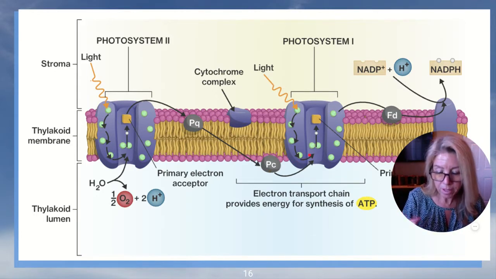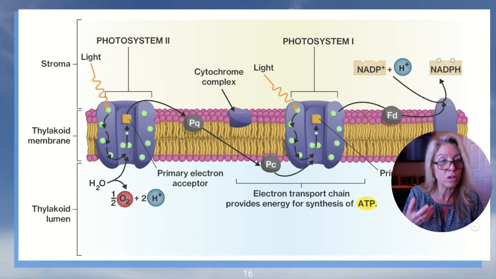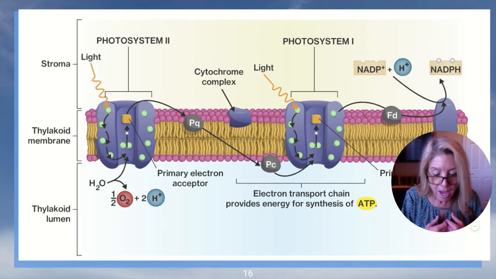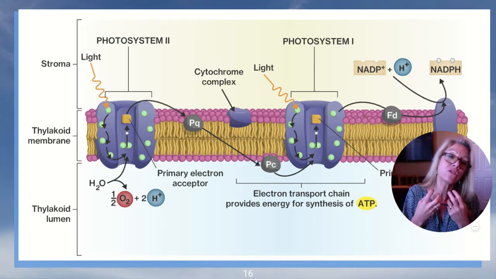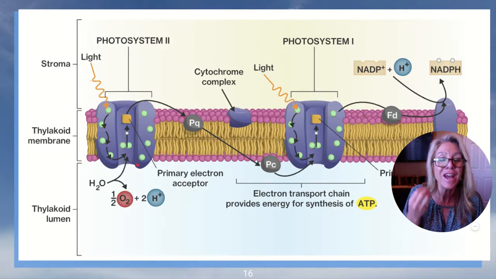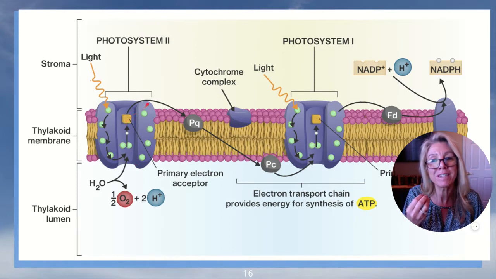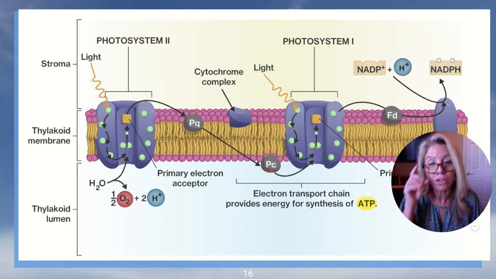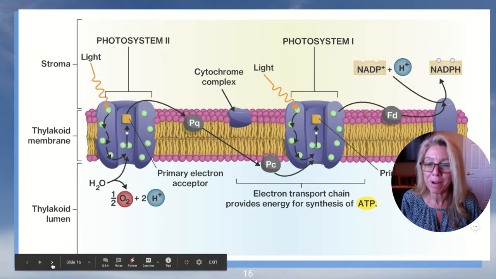So photosystems are where it all starts. You have pigment complexes, which are several pigments all together. And these are electron acceptor molecules embedded along this membrane. So the pigments get excited, their electrons within those pigments get excited, and they pass them to a series of electron acceptor molecules within the thylakoid membrane.